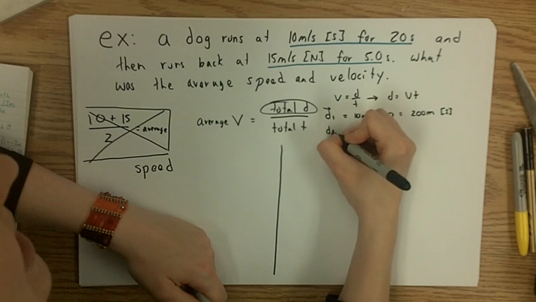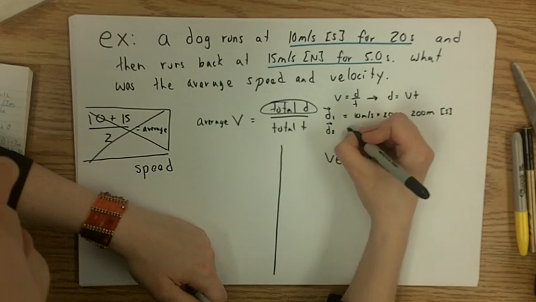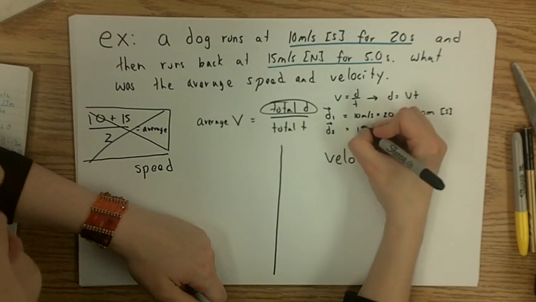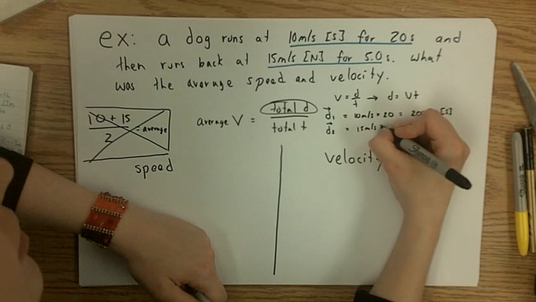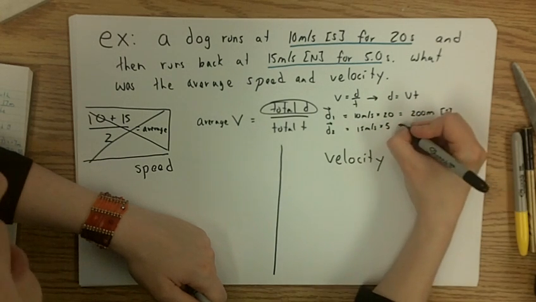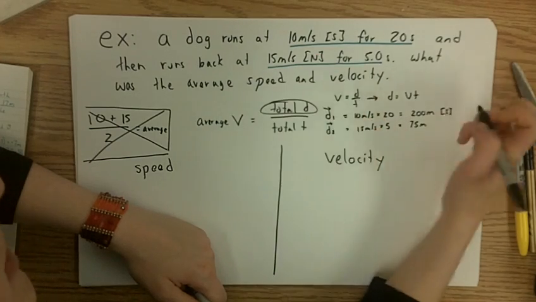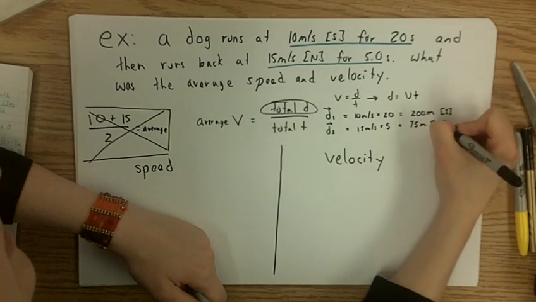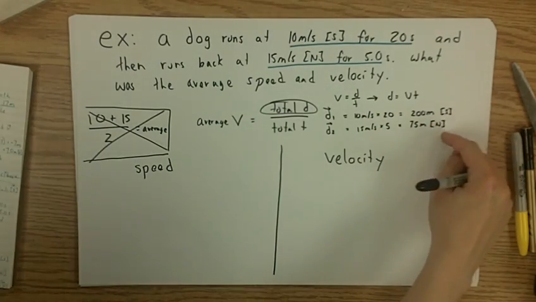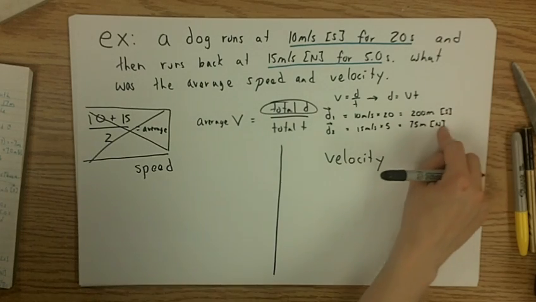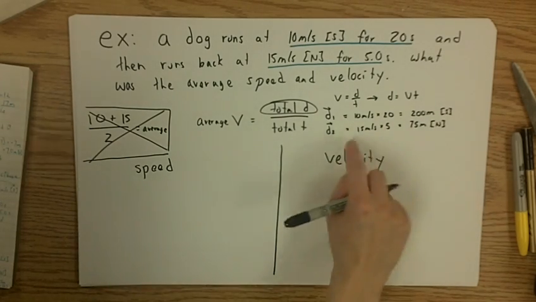The second distance, we shall call d2, was traveled at 15 meters per second for 5 seconds, which gives us a displacement of 75 meters, and it was traveling north at that time.